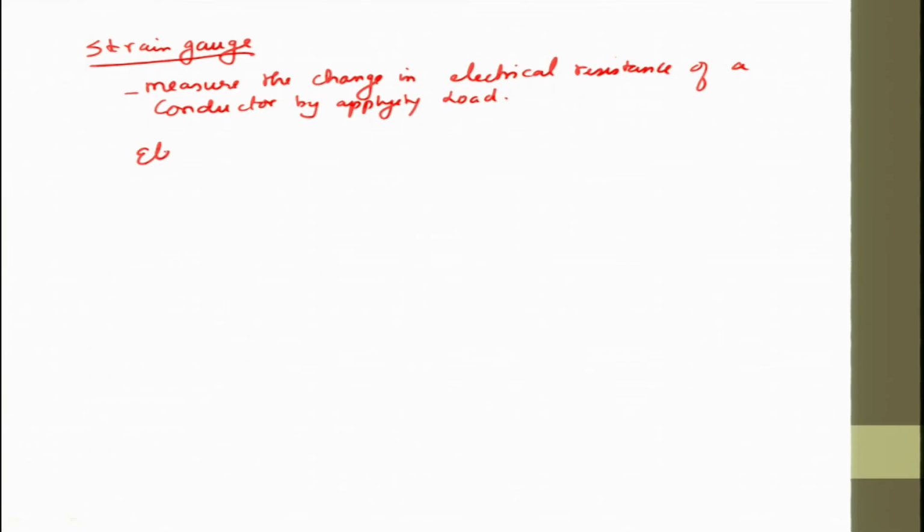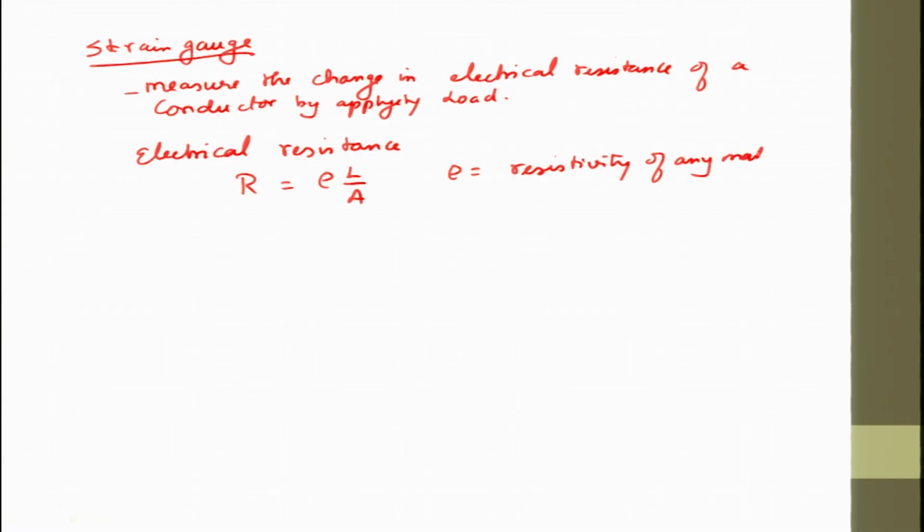So, the electrical resistance R can be measured by rho into L by A, where rho is the resistivity of any material, which is generally given in ohm meter.